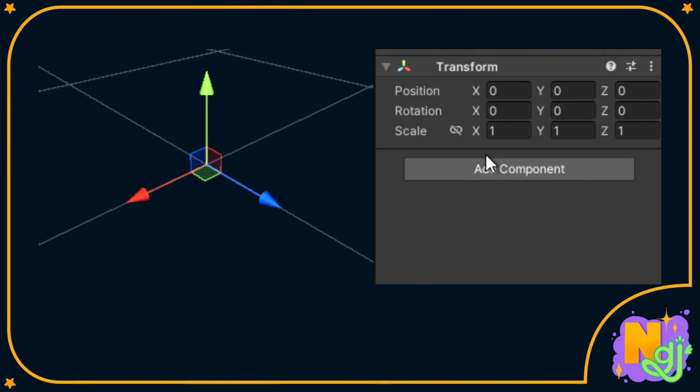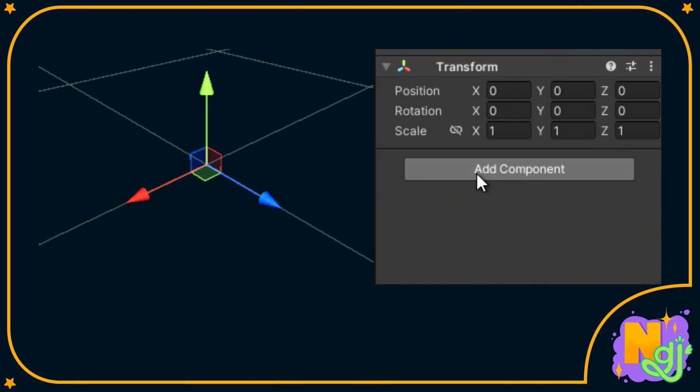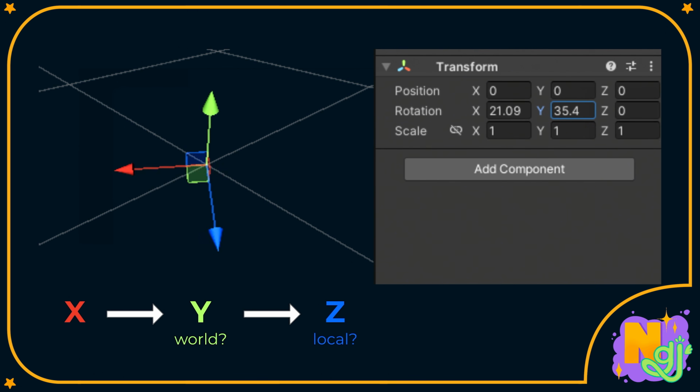First, let's look at Unity and experiment with the rotations there. We're going to have a transform, and we're going to rotate it on the x-axis. OK, cool, that's rotating around x. Then we do y, and it's world space y, and then local space z, its own z-axis, I guess. So it seems like x, then world space y, and then local space z, which is kind of weird.